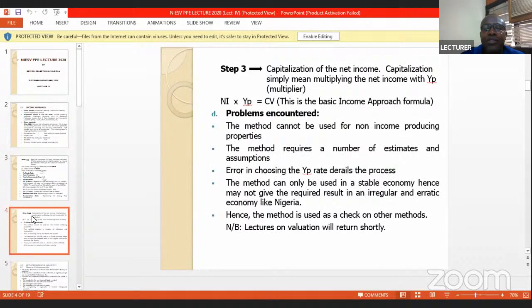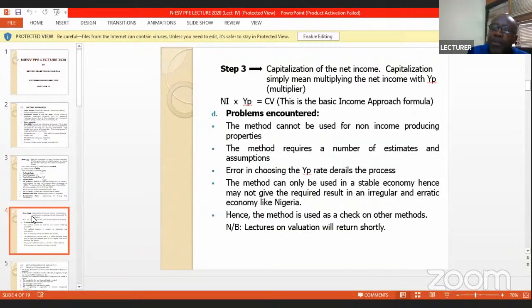The moment you are able to determine the YP, the third step is to capitalize. What do we mean by capitalization?